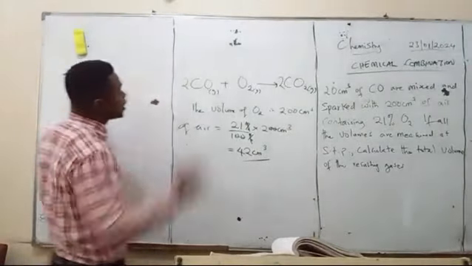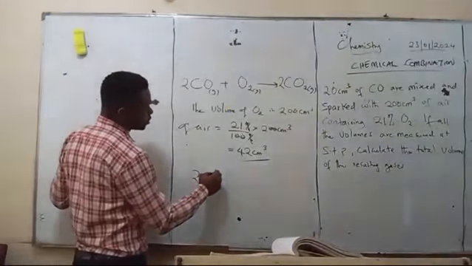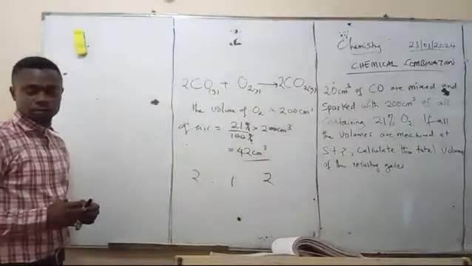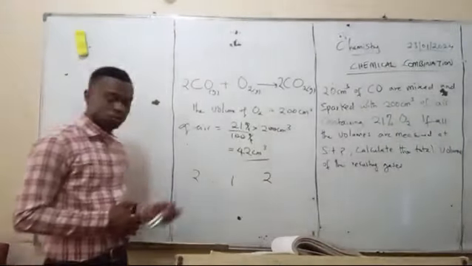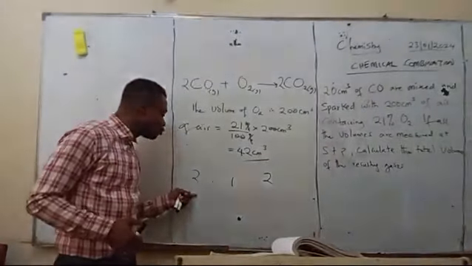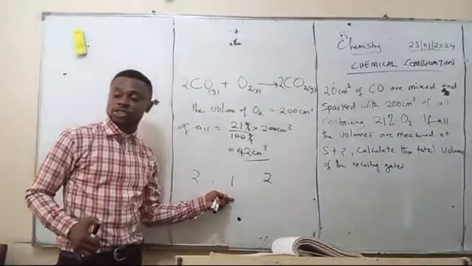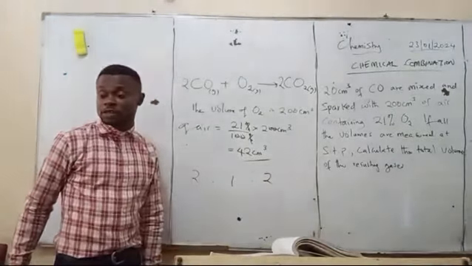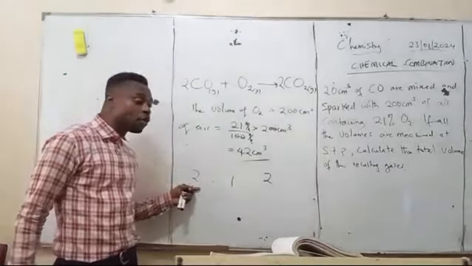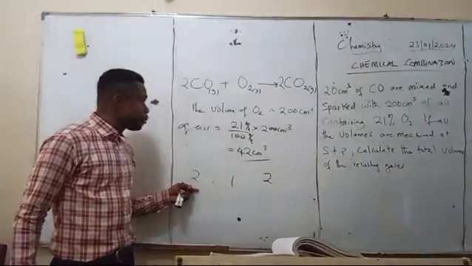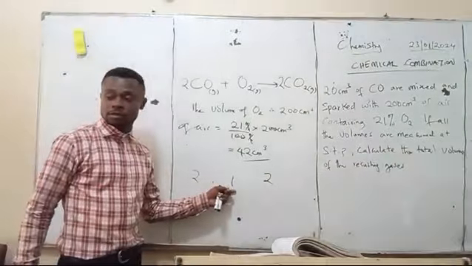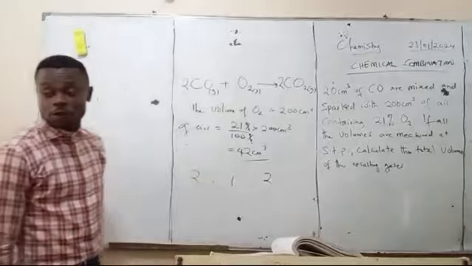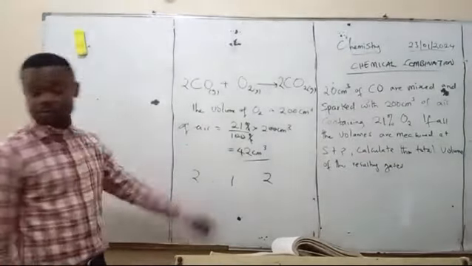The mole ratio is 2 to 1 to 2. 2 moles of carbon 2 oxide, 1 mole of oxygen gas, and 2 moles of carbon 4 oxide. Or simply 2 volume of carbon 2 oxide, 1 volume of oxygen, and 2 volume of carbon 4 oxide. That's the meaning.